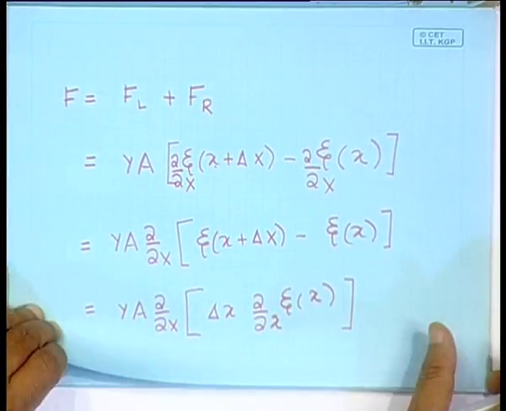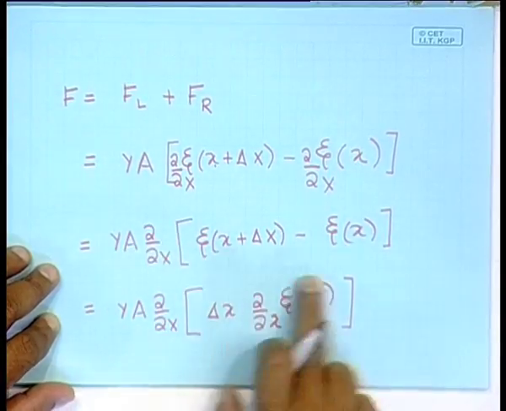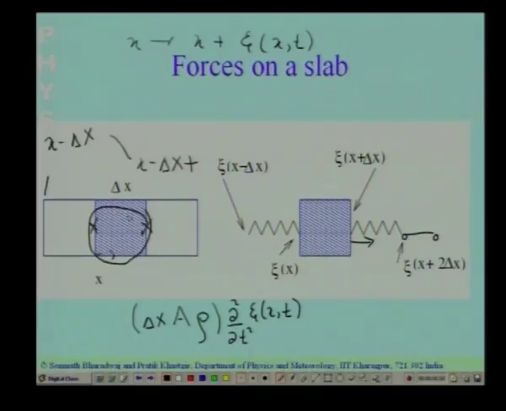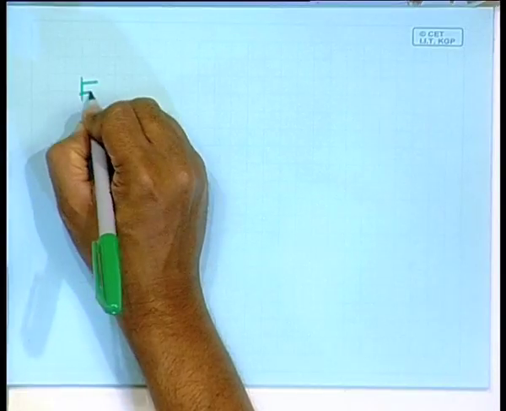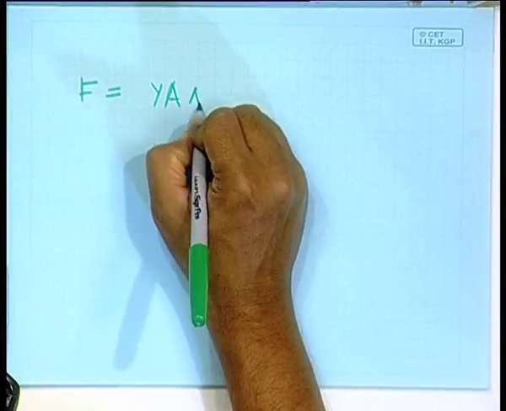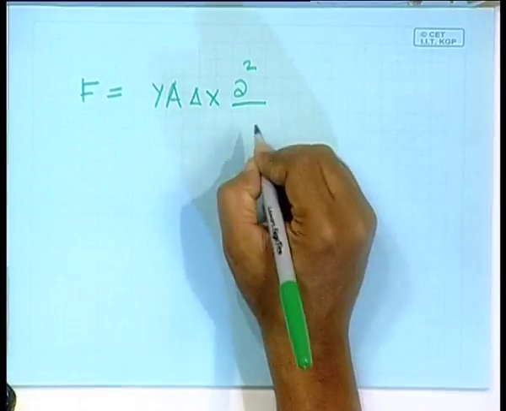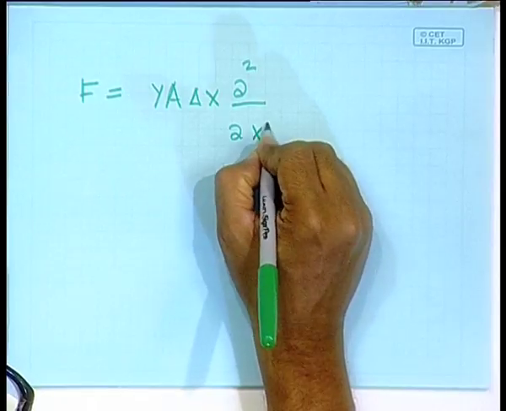So, what we see is that the force is the second spatial derivative of xi with a factor of delta x going out. So, the total force due to the two elements on the two sides is y a delta x into the second derivative of xi.